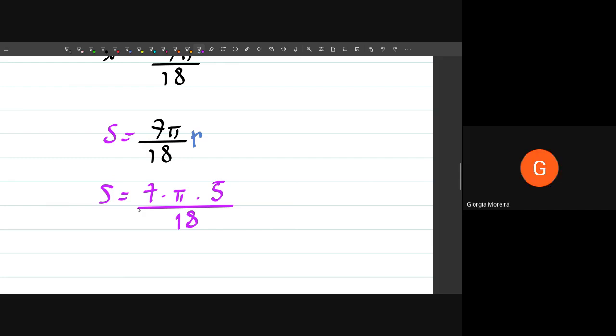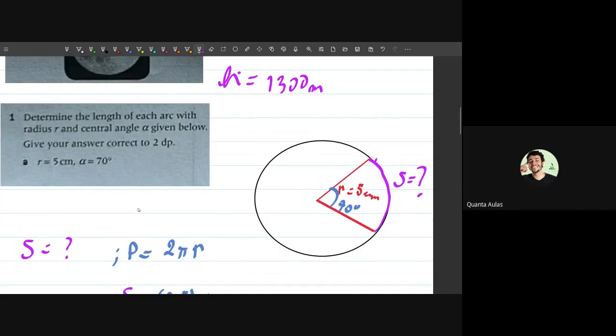It's 6.105. But you need two significant figures, so 6.1. Don't forget the unit, centimeters, because we are searching for a length. So centimeters.